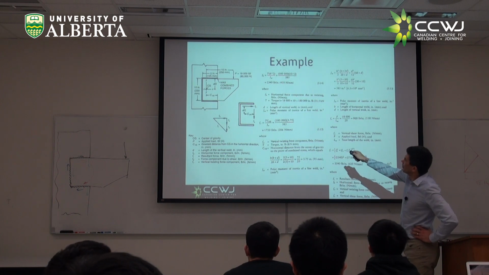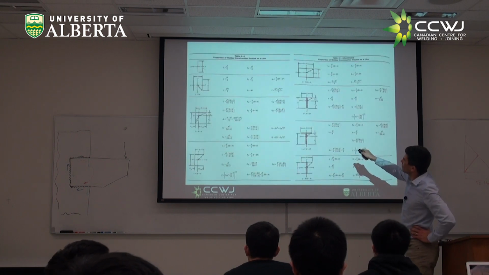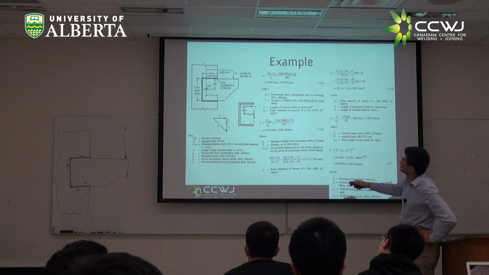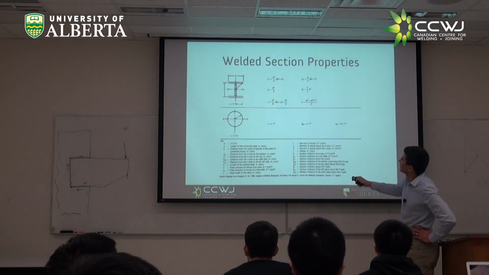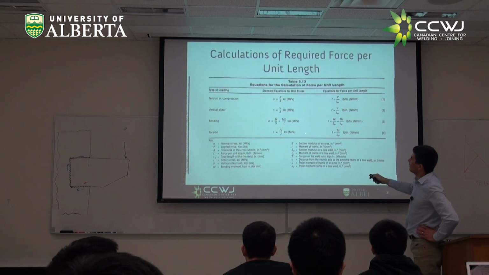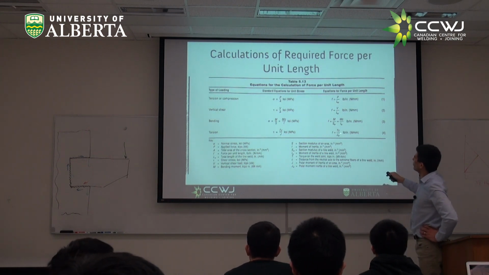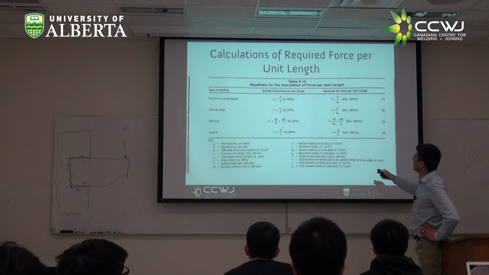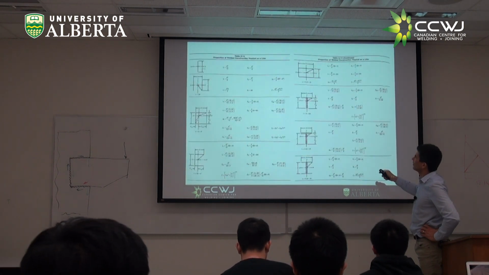And the formula for strength per unit length, here we have it, says we have this distortion is torque times distance from the neutral axis to the extreme fiber, divided by the polar moment of inertia.